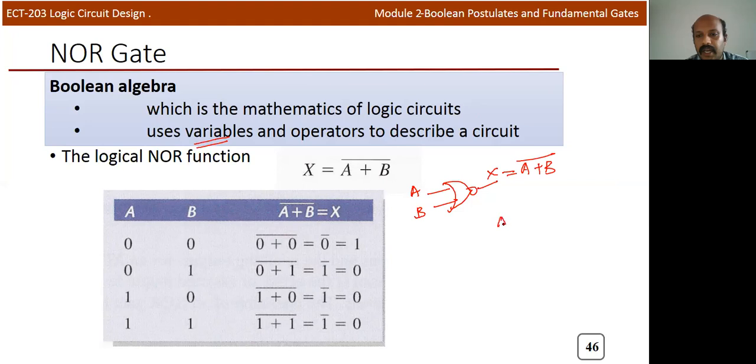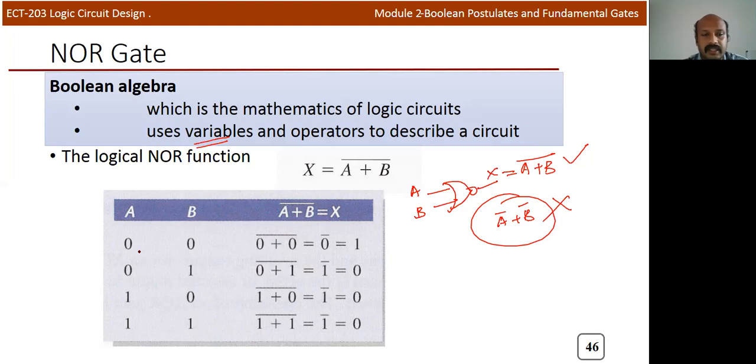Never write A bar plus B bar. It's not correct. This is an entirely different function. So the NOR operation you need to write as A plus B the whole bar, which is not equal to A bar plus B bar. Don't get confused with this. This is the right form for representing NOR.